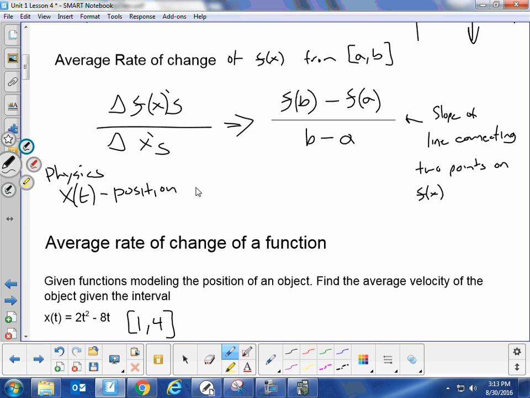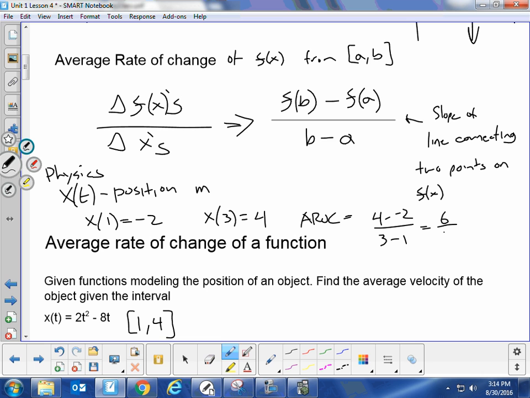Position is in meters. You're in a specific meter. Okay? If I find the average rate of change of position, I will be finding the average velocity. So if I have position at -2 at time 1, and then I go to a position of 4 at time 3, the average rate of change of that would be 4 minus -2 over 3 minus 1.